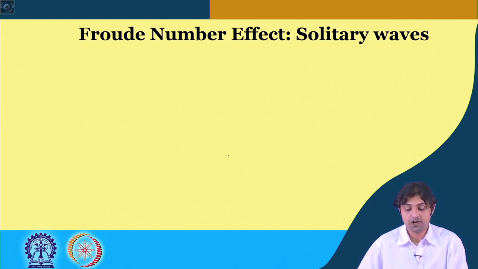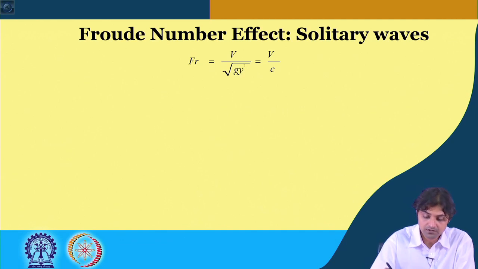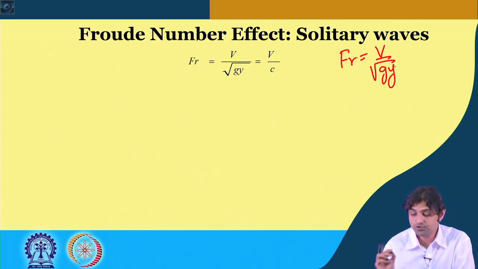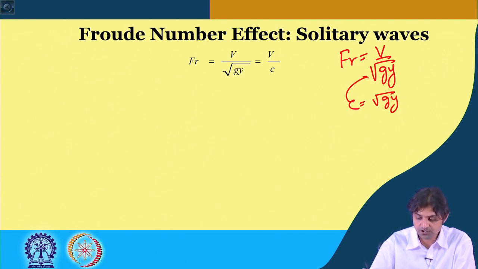So, there is a Froude number effect also in solitary waves. Froude number, as we discussed, is given by v over under root g y. This is the definition. But what we have obtained now using the solitary wave is that the speed of the wave is under root g y, and this we substitute here.